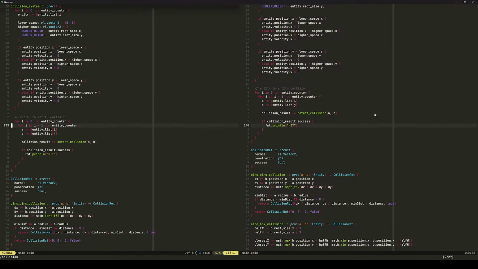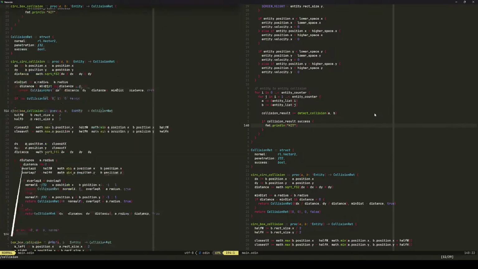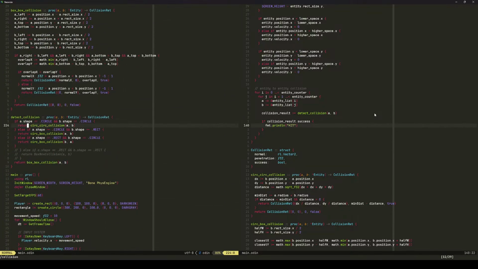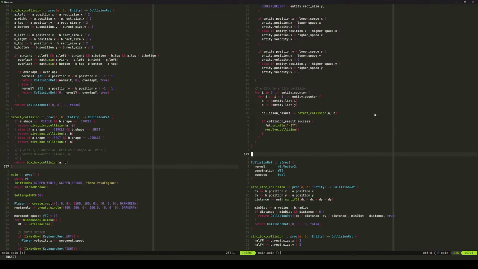Collision system: detect collision, resolve collision proc.